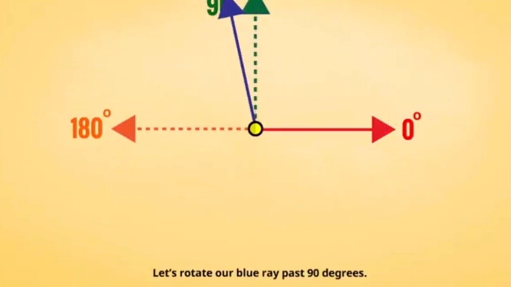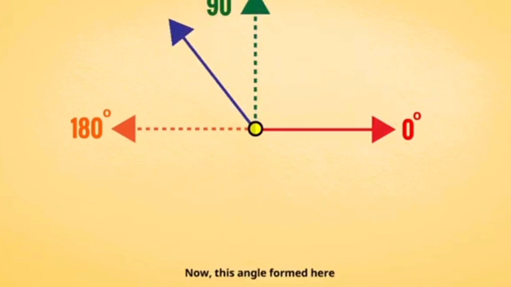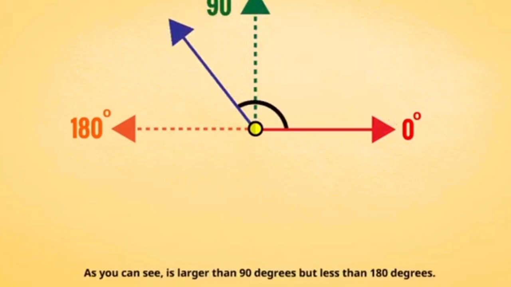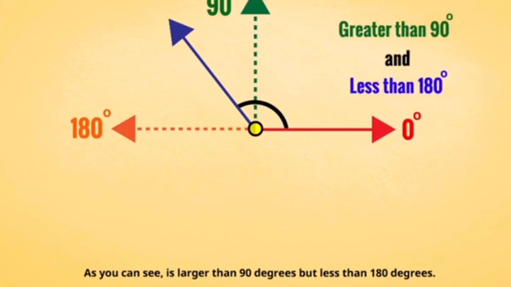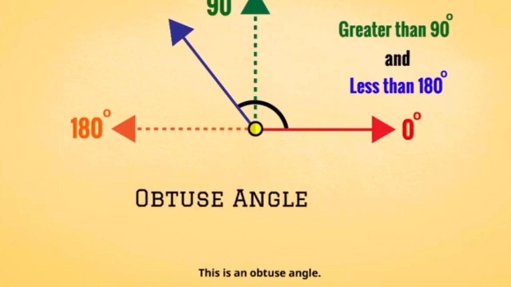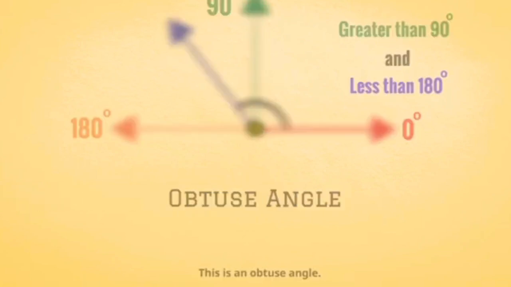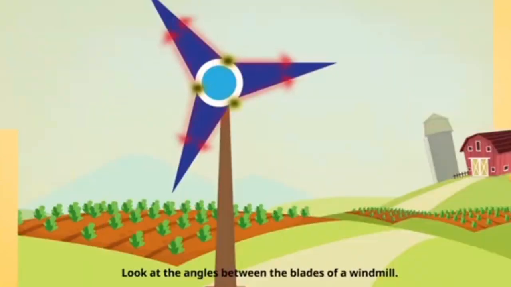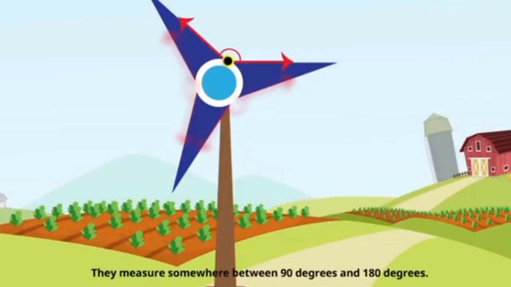Now this angle formed here, as you can see, is larger than 90 degrees but less than 180 degrees. This is an obtuse angle, greater than 90 degrees and less than 180 degrees. Look at the angles between the blades of a windmill. They measure somewhere between 90 degrees and 180 degrees.